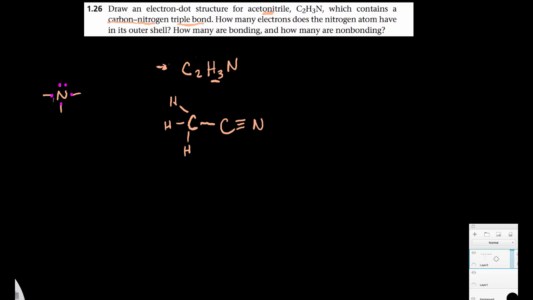So nitrogen often has 3 bonds and then 1 lone pair. And so here we have 3 bonds, and we'll put that lone pair there. And this is the line bond structure for acetonitrile. Very common solvent used in organic chemistry.